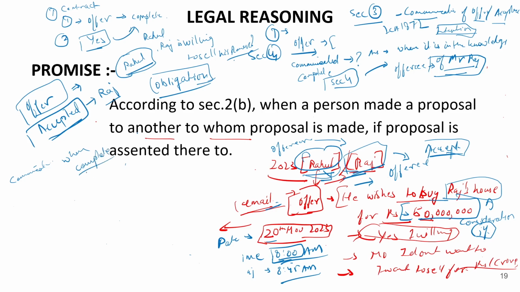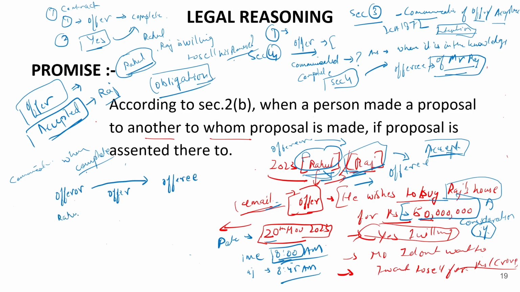So in the case of offer, we have understood that the communication will be considered to be complete once it has been communicated to the offeree and it comes to the knowledge of the offeree. So the offerer makes an offer to the offeree.